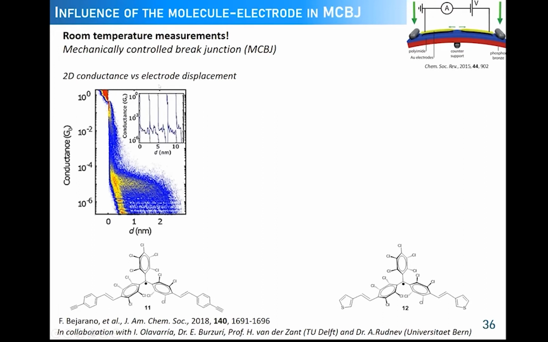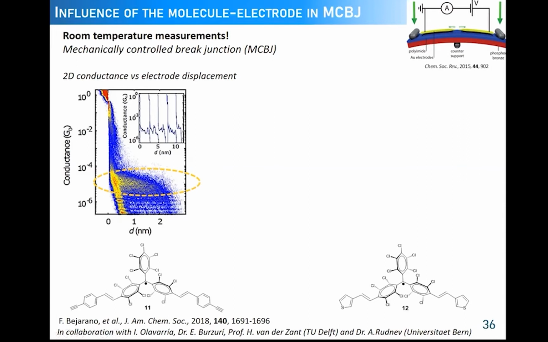In this 2D conductance versus electrode displacement graph, what we can see is that there are quite a lot of traces, the ones I'm showing here, that correspond to when there is no molecule reaching the electrodes, so the conductance drops abruptly. But what we see is that there is a clear plateau here, which corresponds to when the molecule is reaching the electrodes.